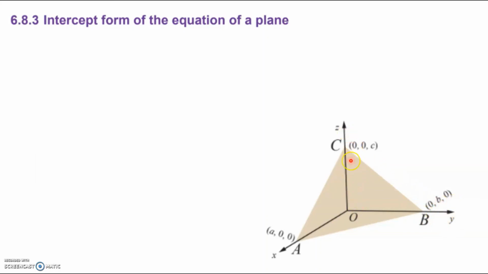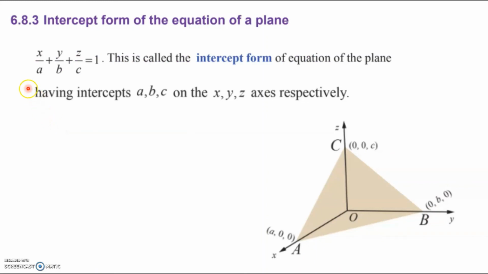And the z-axis at point C, which is defined as 0, 0, c. When you're given these points, we can define x by a plus y by b plus z by c is equal to 1. This is called the intercept form of the equation of the plane having intercepts a, b, c on the x, y, z axes respectively.